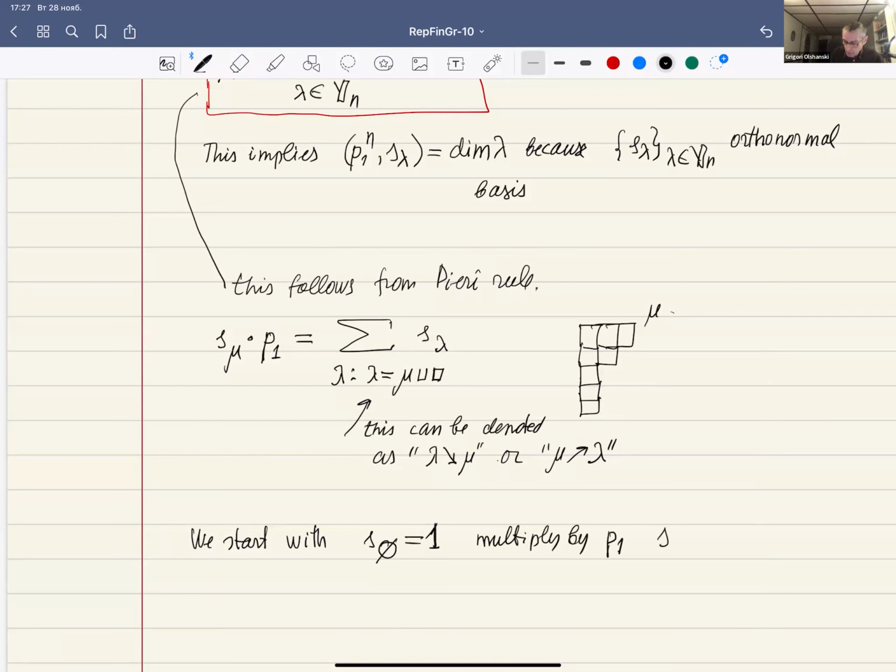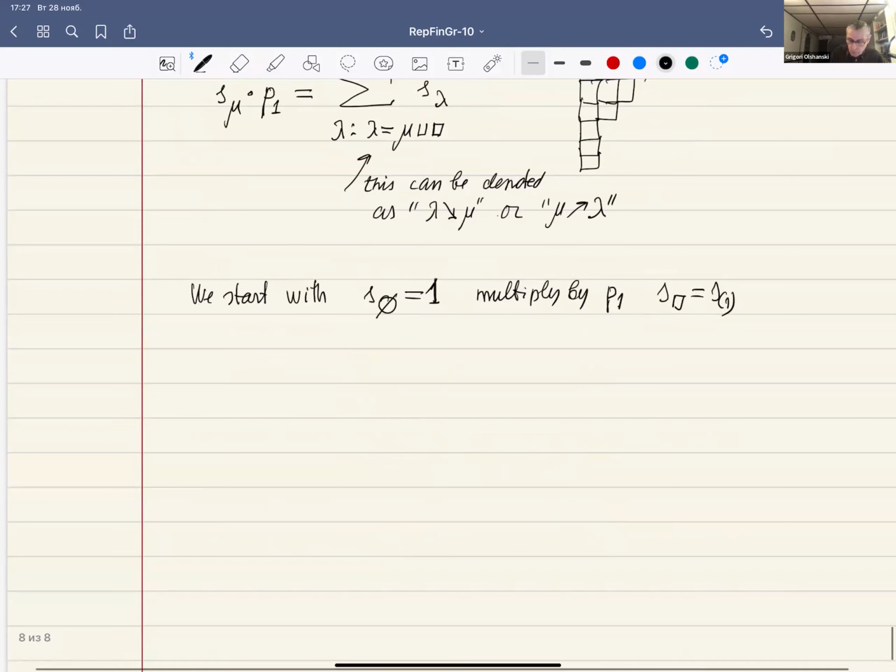So we get this one-box diagram. Next we multiply again by this, and we get the sum of Schur functions which can be obtained by adding one box.